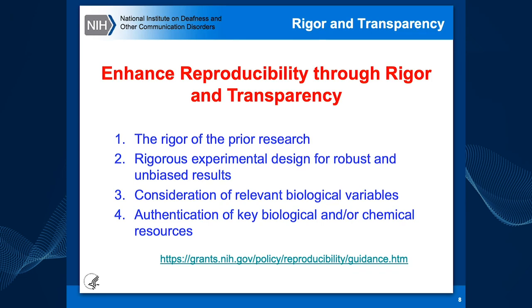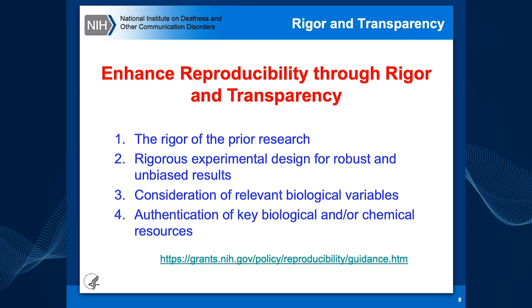Effective January 2016, NIH introduced the rigor and transparency policy to enhance the reproducibility of research findings. This policy has been evolving since its introduction.